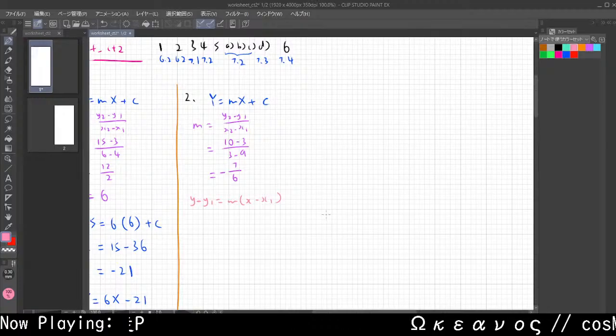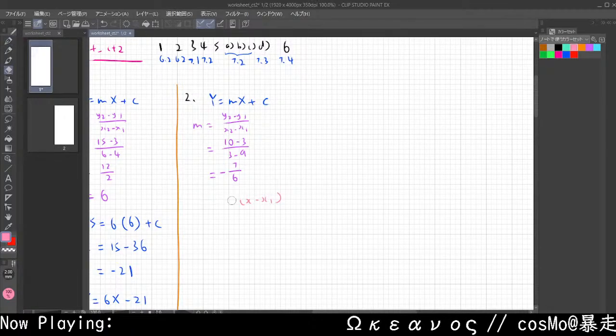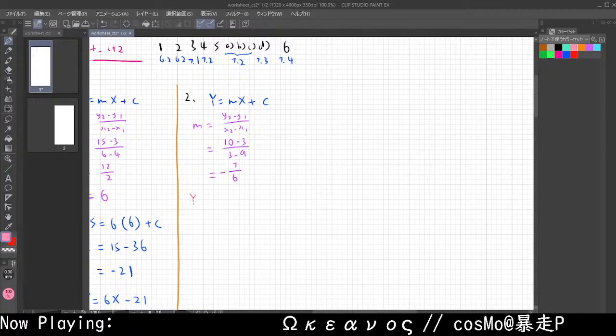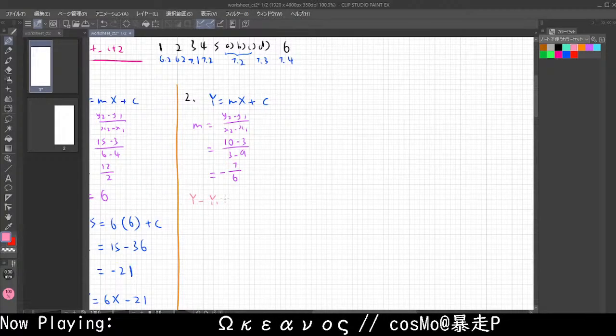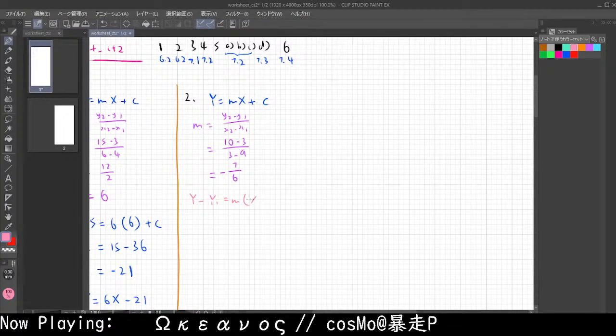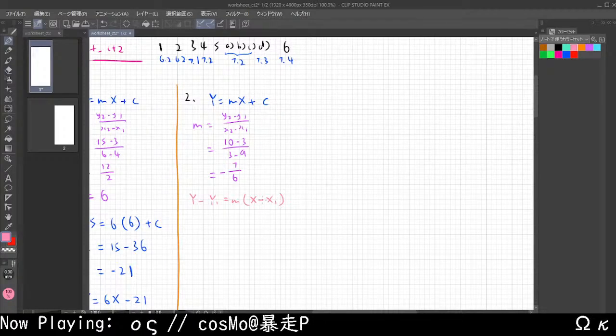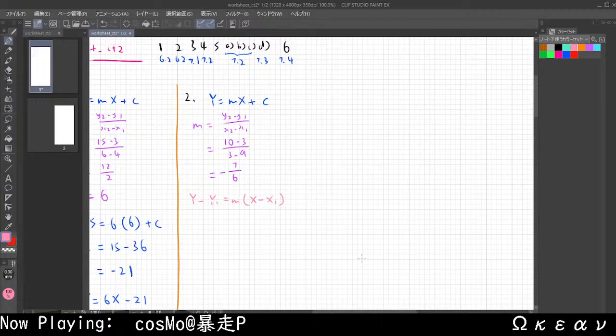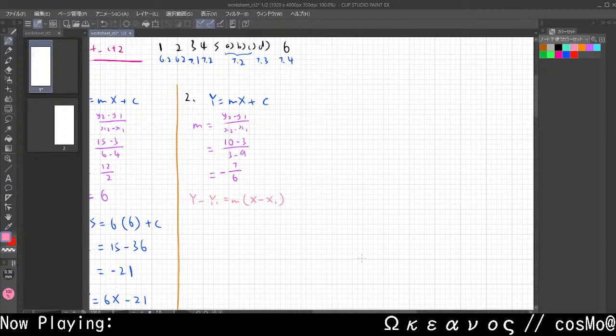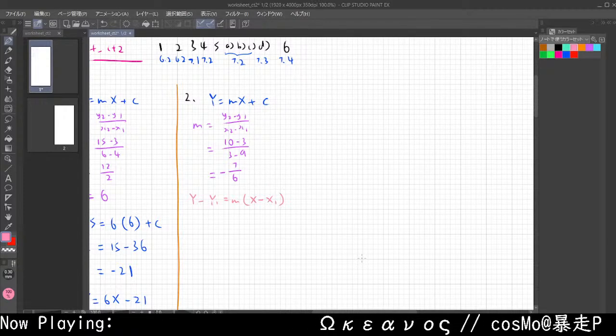In this case, your y will be capital Y, same goes for your y1, because this can be used regardless of what your capital Y and capital X are in terms of, as long as it's a linear equation.